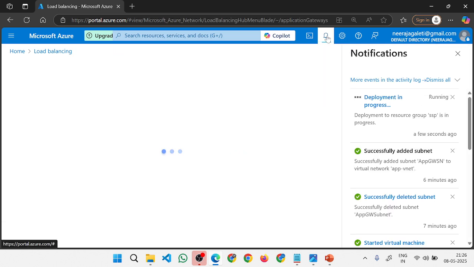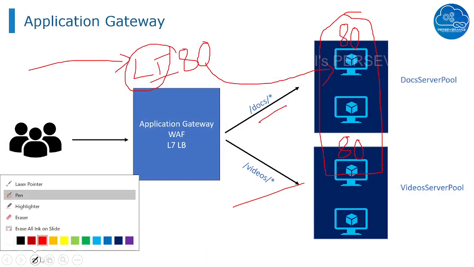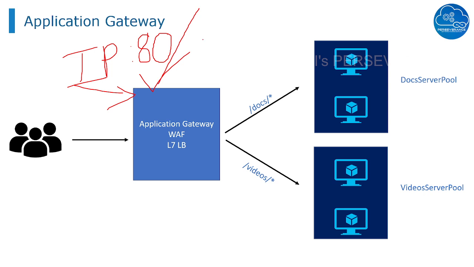All right. So once this is done, the concept here is we'll take the front end IP of the LB, the IP, and colon, what is the port at the LB level, which is 80, / what is the path. If somebody requests docs, automatically the decision should be taken care of by the LB.